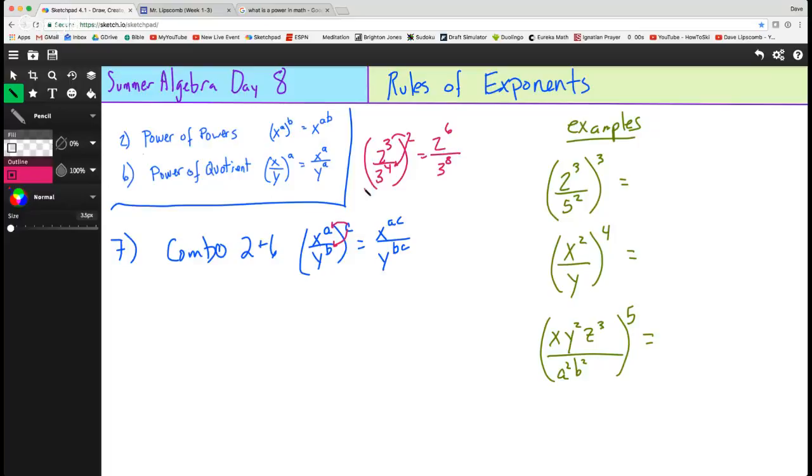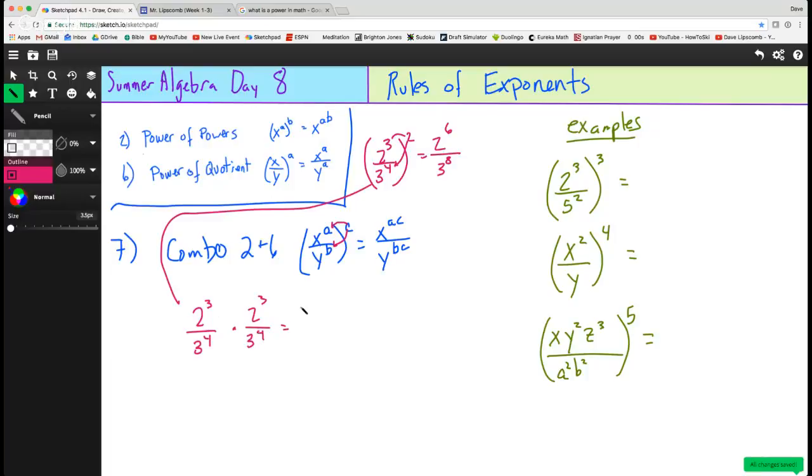So let's look at this one a little bit closer to prove it. Well, that's 2 cubed over 3 to the 4th, times 2 cubed over 3 to the 4th.